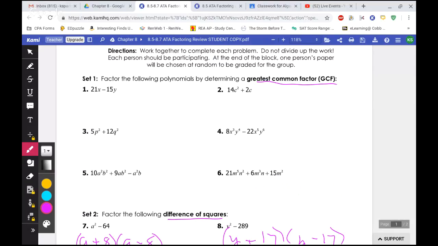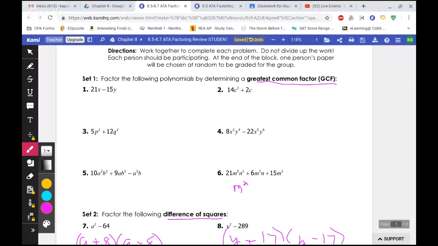So when you see a variable that's in common in each of the terms, you find the one with the smallest exponent. And in number 6, that's M squared. For the number that's in common with each one, a lot of times I look for the smallest coefficient on each of the 3.